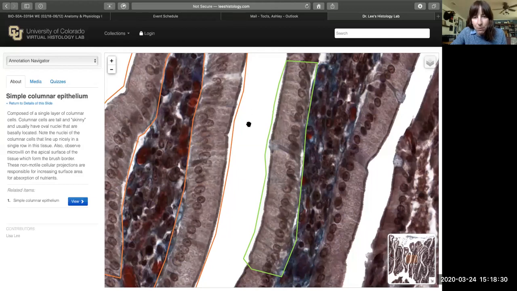And here's the apical surface. This is the lumen. This is the hollow inside of your, what was this? Small intestine, right? So this is simple columnar epithelium. You can tell it's columnar because it's long and skinny and has cilia on the apical surface.